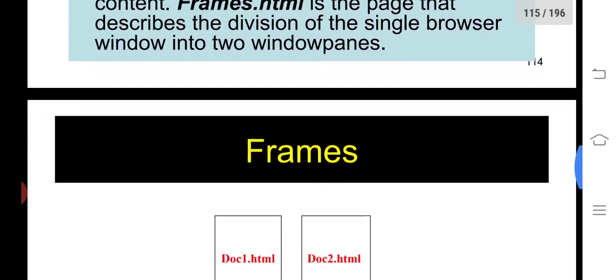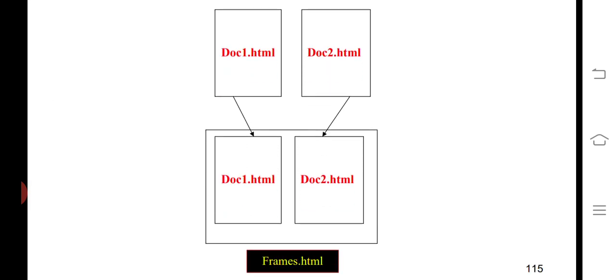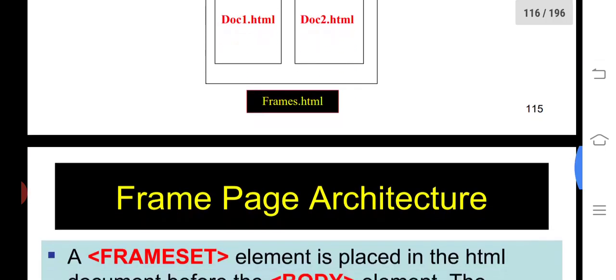See the diagram here: HTML frame, document1.html, document2.html. The two are joined in one frame named frames.html. So the purpose of frames is to join two different HTML pages in one frame.